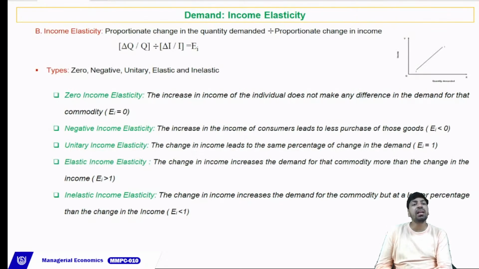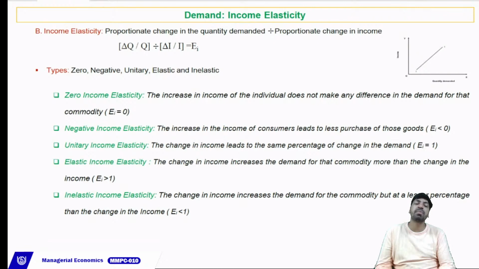Next one is income elasticity of demand, which shows a positive relationship between a change in quantity demanded and the change in income. For example, if there is an increase in income, there is an increase in demand.